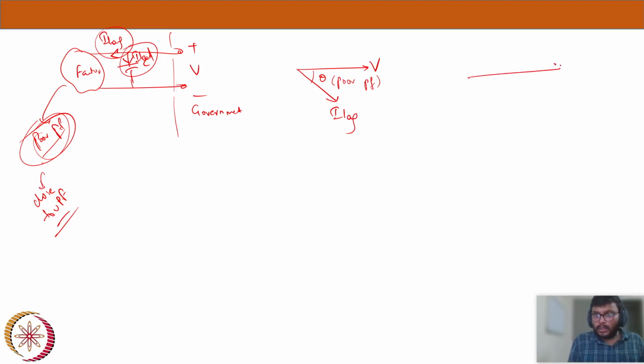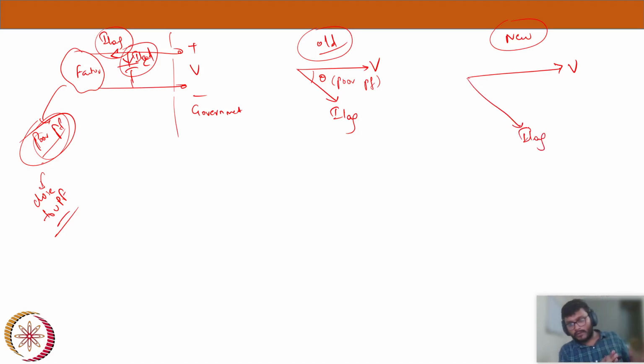Now this is the old one. After connecting the capacitor, if this is the supply and this is the I lag, this remains the same. Whatever load you have to supply, it has to draw that current. Now there is a small leading current drawn by the capacitor, which you can call IC.